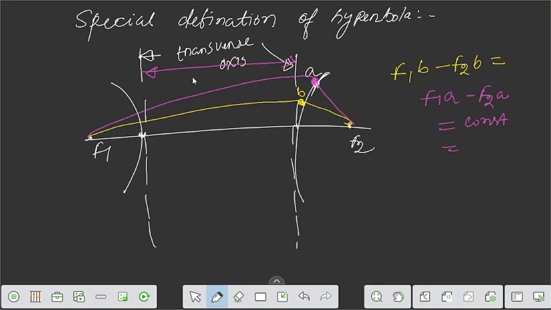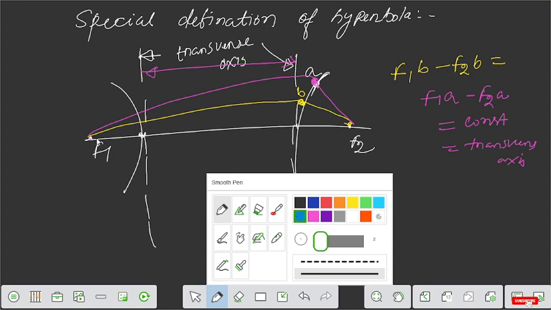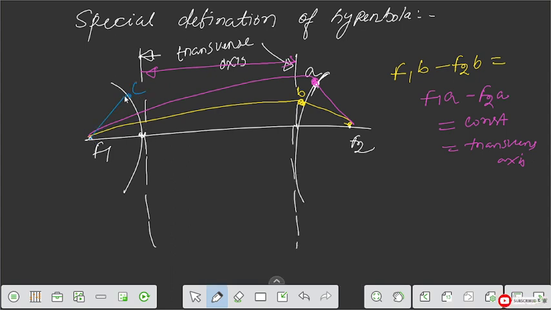Also from this point C, F2C minus F1C, and for D, F2D minus F1D.